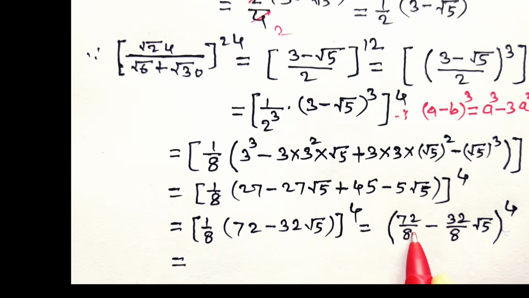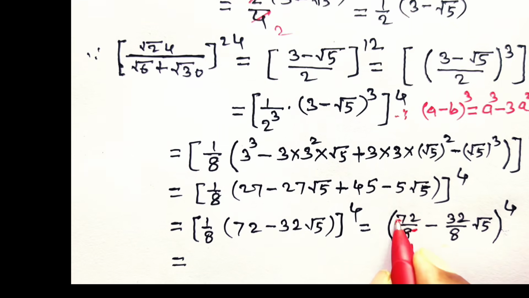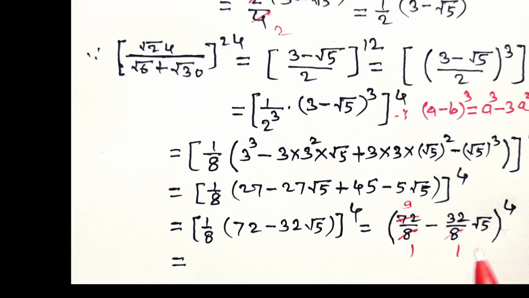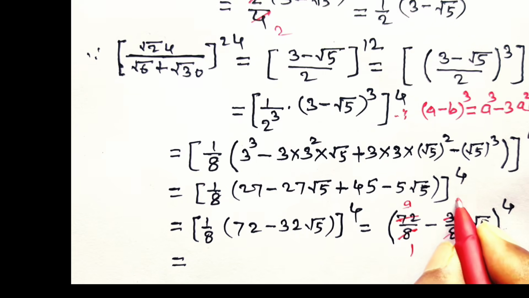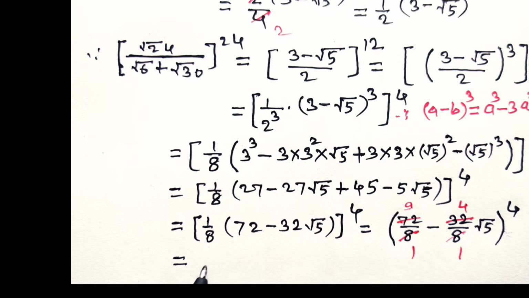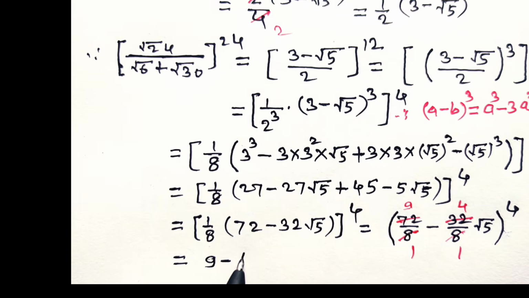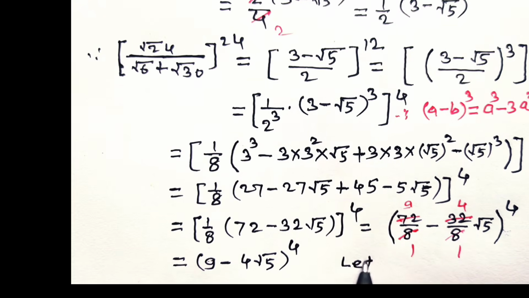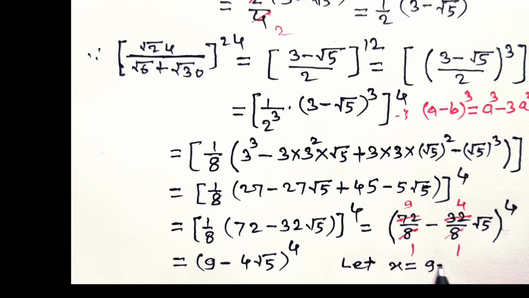Here 8 ones are 8, 8 nines are 72, 8 ones are 8, 8 fours are 32. Hence this is equal to (9 minus 4 root 5) to the power 4. Let us assume x is equal to 9 minus 4 root 5.